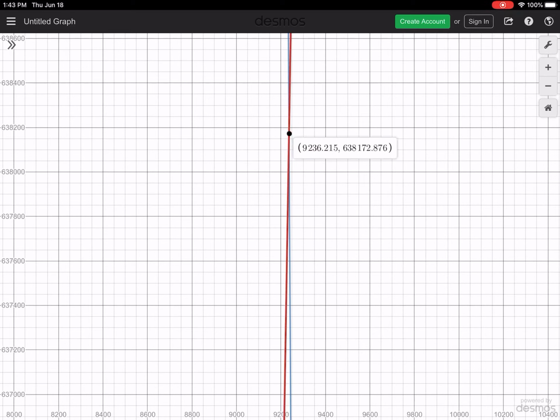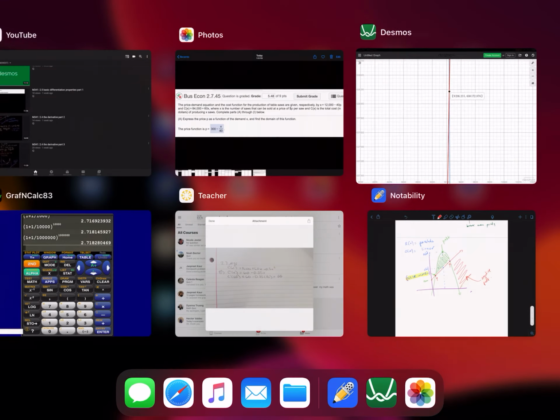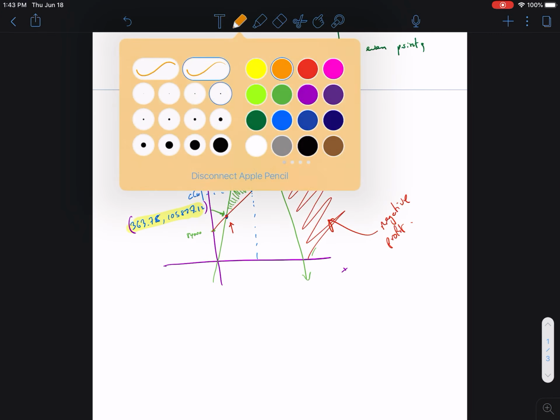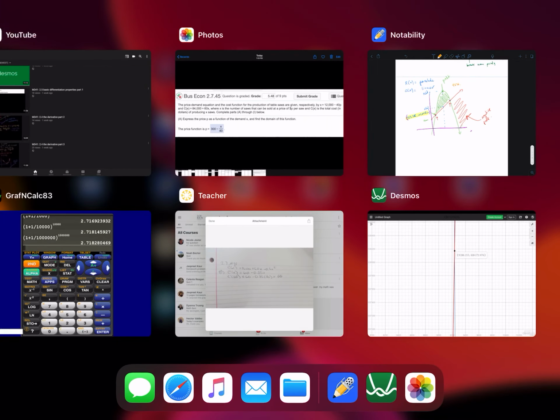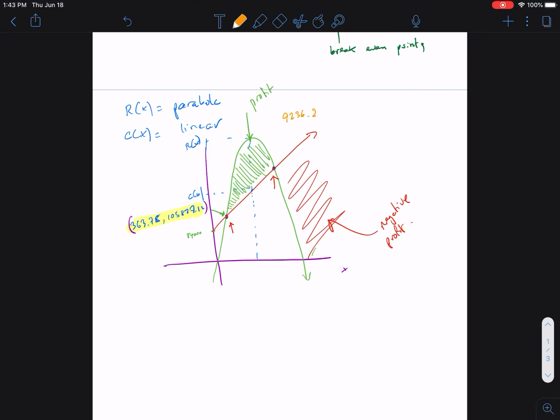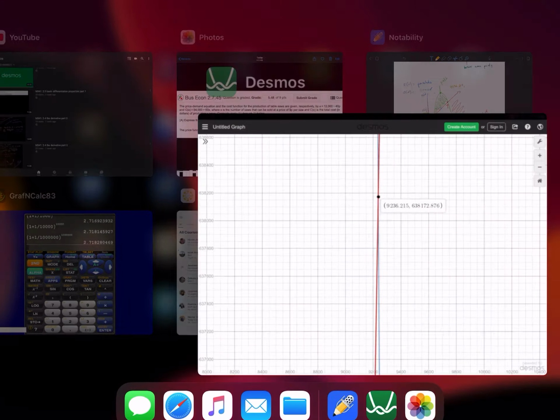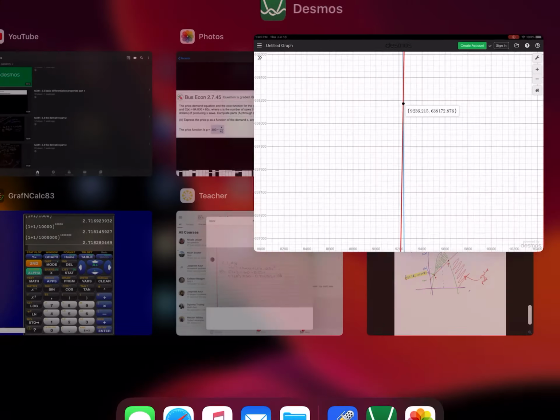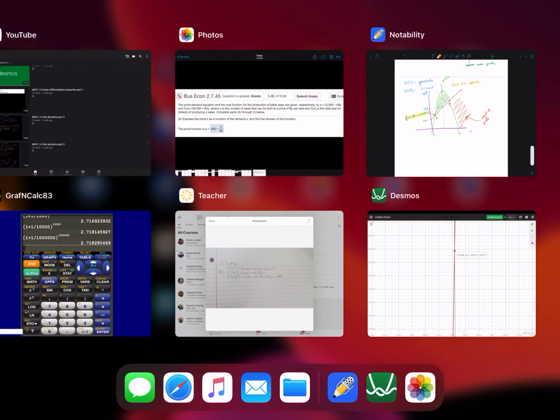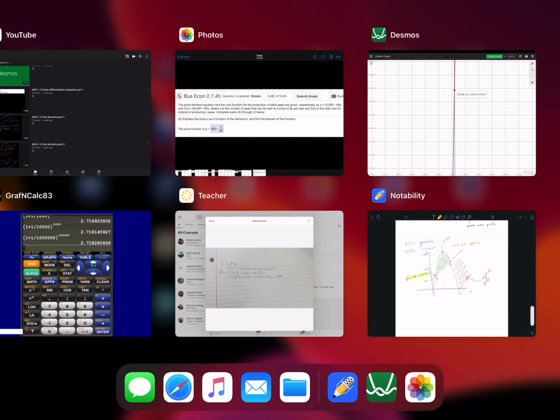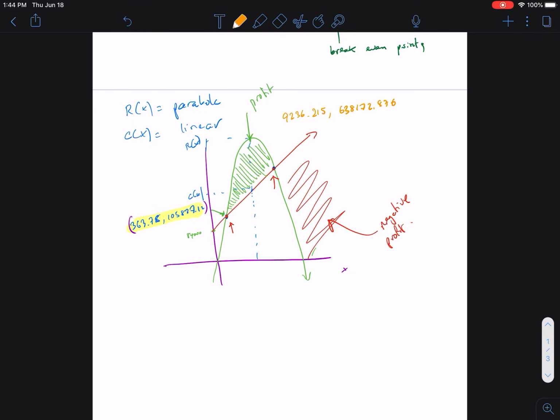Click on it, and that is the second break-even point: 9236.215, 638172.876. All right, so that is the second break-even point.